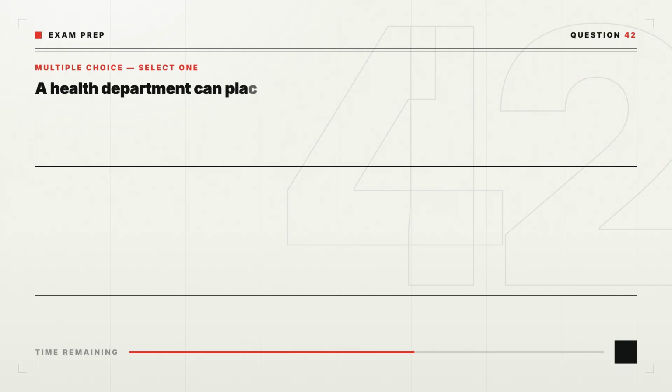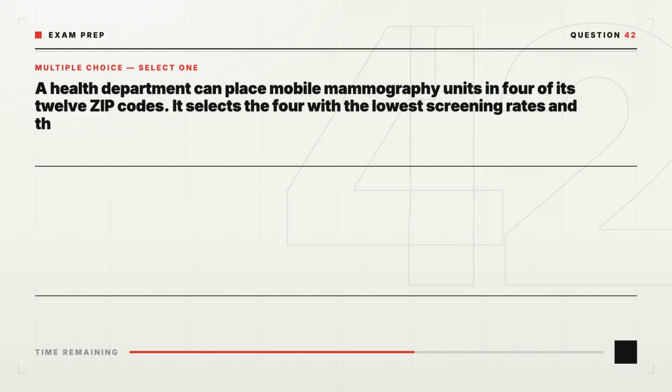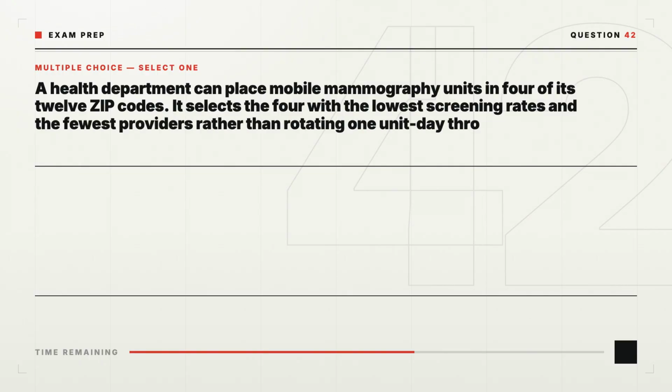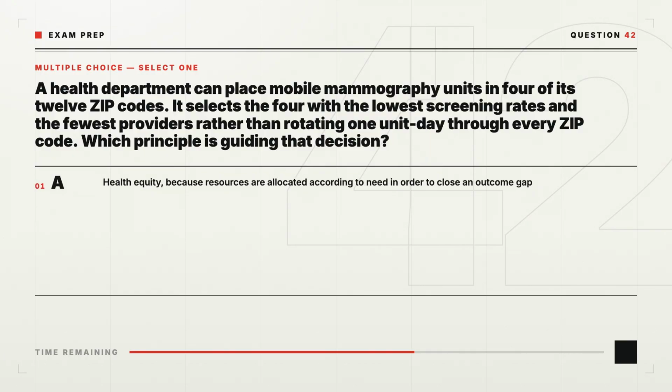Question 42. A health department can place mobile mammography units in 4 of its 12 zip codes. It selects the 4 with the lowest screening rates and the fewest providers rather than rotating 1 unit day through every zip code. Which principle is guiding that decision? Your options are A. Health equity, because resources are allocated according to need in order to close an outcome gap.